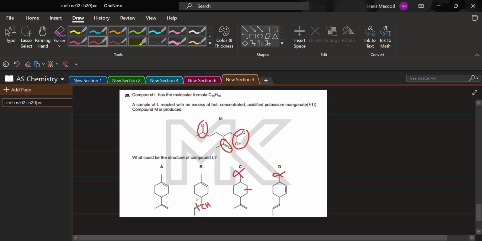This side will always form carbon dioxide and water. But A would be the correct answer if you look closely, because when we break it down from here, this will form a ketone and this carbon will form carbon dioxide and water. Clear?